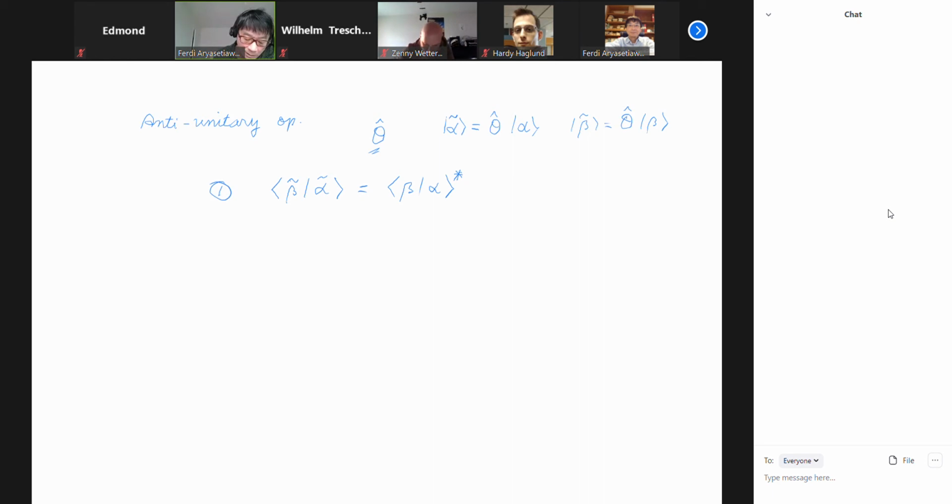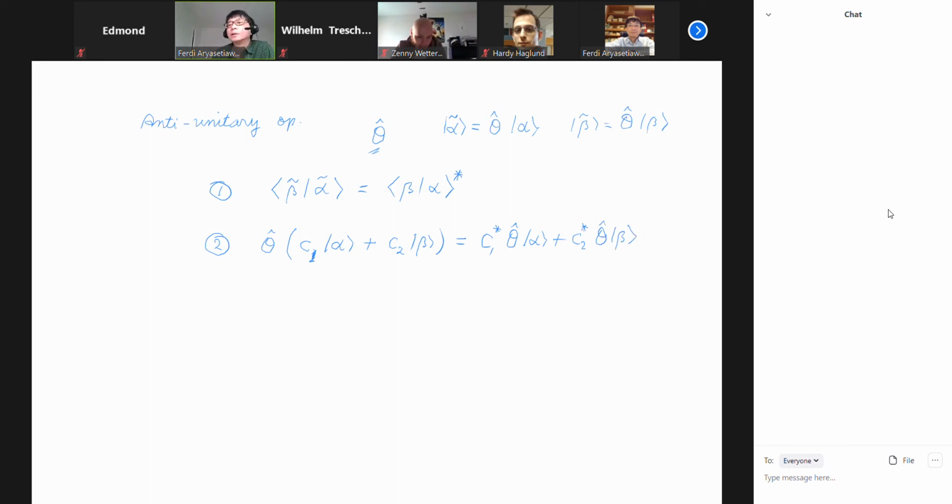And then it has another property: if I operate this on some linear combination of states, let's do this in a general way, like this, where c1 and c2 are complex numbers, then this becomes c1 star theta alpha plus c2 star theta beta.